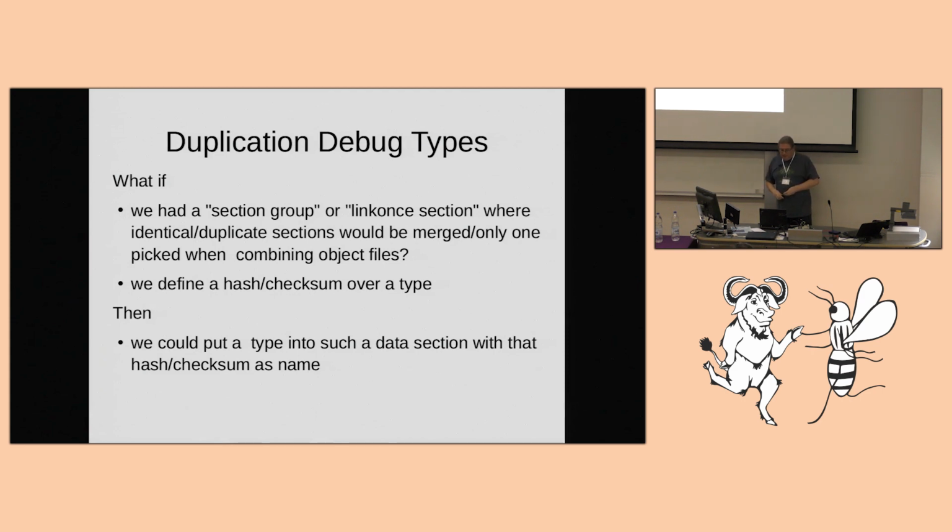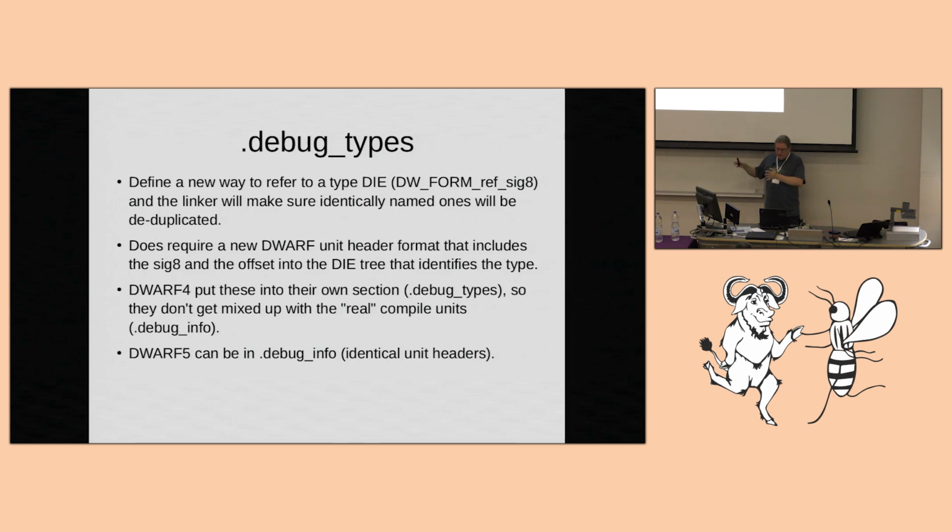And for DWARF4, that meant that you had different sections, the debug type section and the debug info section. Luckily in DWARF5, the header got expanded, maybe too bad because now the header is also big for non-type units.